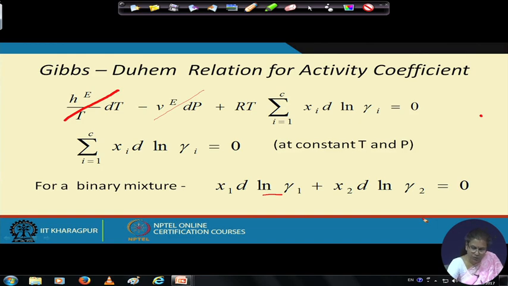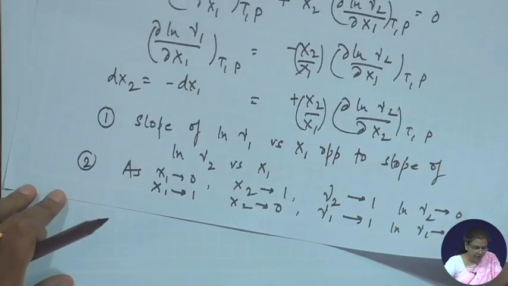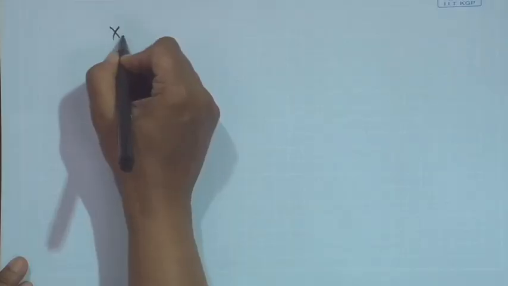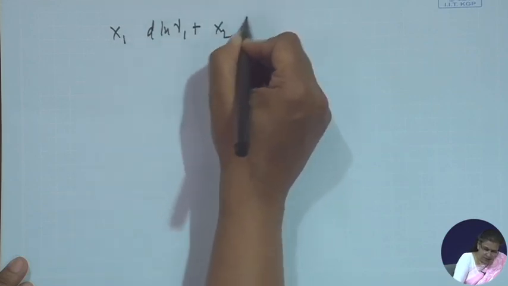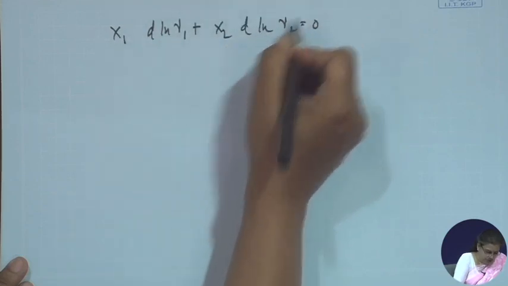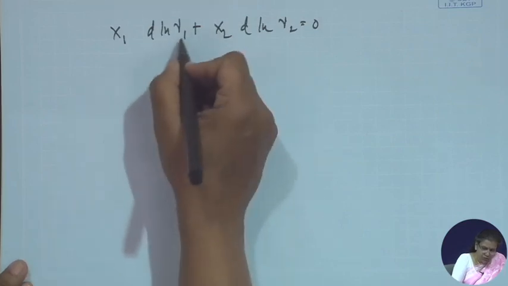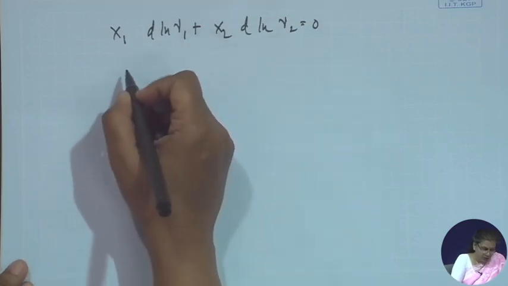Suppose we know x1 dln gamma 1 plus x2 dln gamma 2 equals 0. Suppose I know gamma 1, I would like to find gamma 2.